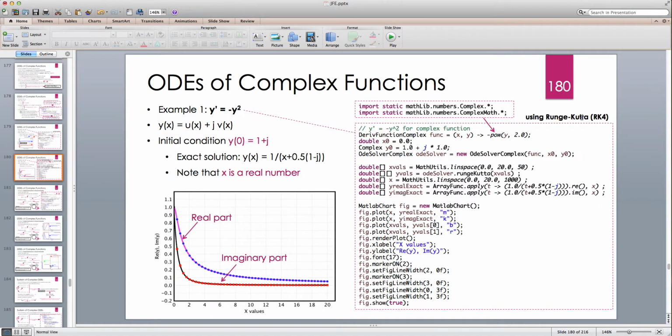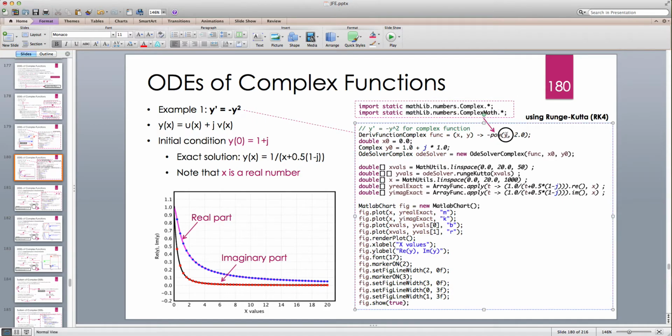So we can do a Runge-Kutta fourth order, for example, and note that I'm using j by importing static members of the complex class from my mathlib library, and I'm using the pow, as I mentioned, from my complex math class in my mathlib library by importing the static methods in the complex math class.